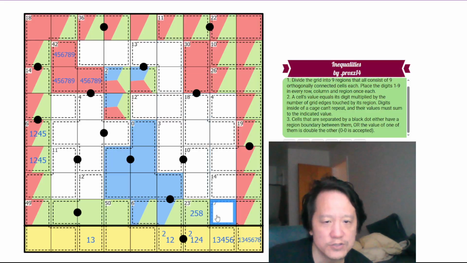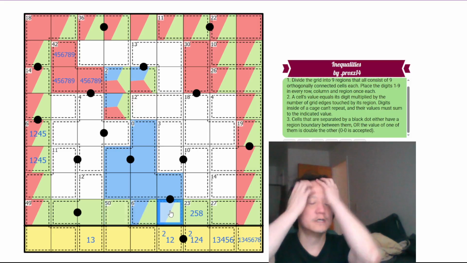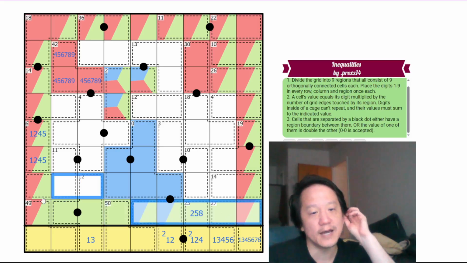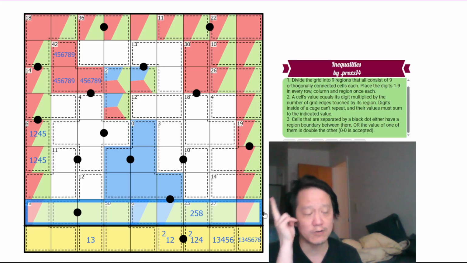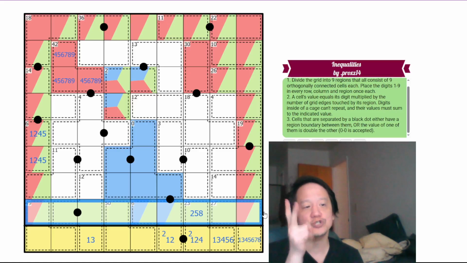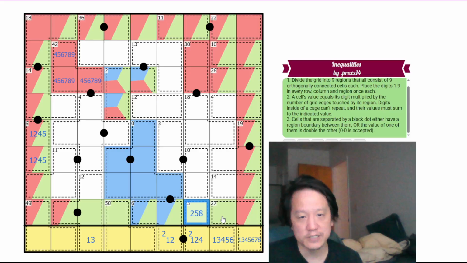That would block this. So this has to be green. Which means this adds up to at most 32 here. Well, there's no way you can get to 32 without losing 2 digits in value. So this is green or red. Actually, I should put that's green or red also.